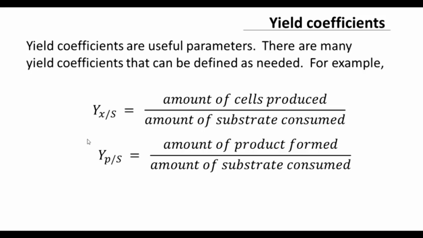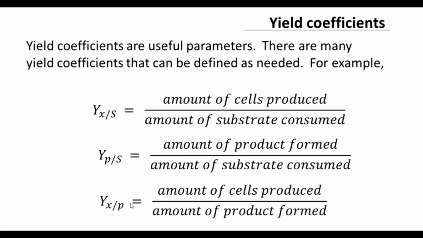Similarly, you could define a yield of product with respect to substrate, which is amount of product formed divided by the amount of substrate consumed. And one more, yield of cells with respect to product, amount of cells produced divided by the amount of product formed. Both are formed in this case. Sometimes it's formed, sometimes consumed. You can define whatever yield coefficient that you can.